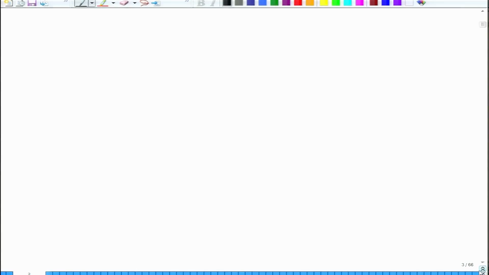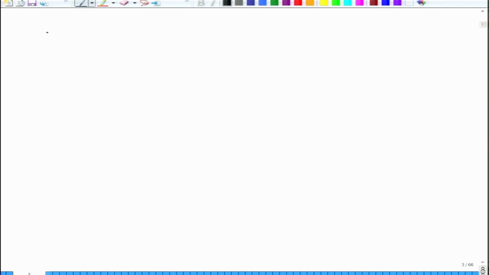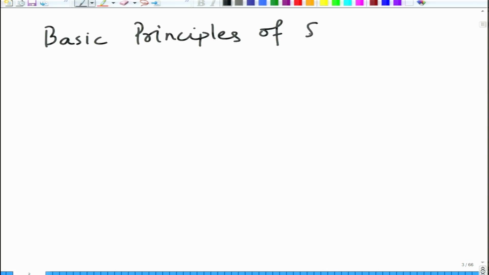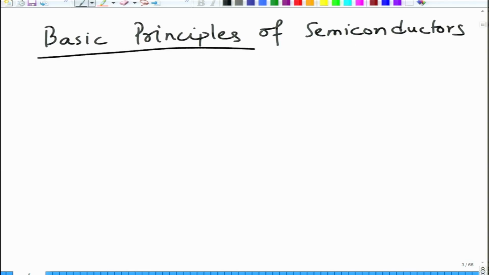So, now we will get into learning the fundamentals of semiconductors, which are basically at the core of photovoltaics. So, we will look at some basic principles of semiconductors. Now, the semiconductor, as the name itself suggests, is semi-conducting.